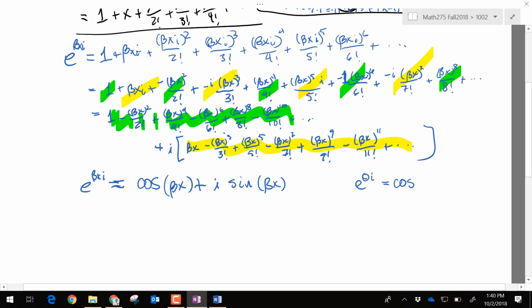So you can put specific values for theta. If theta is equal to pi, let's actually label this Euler.